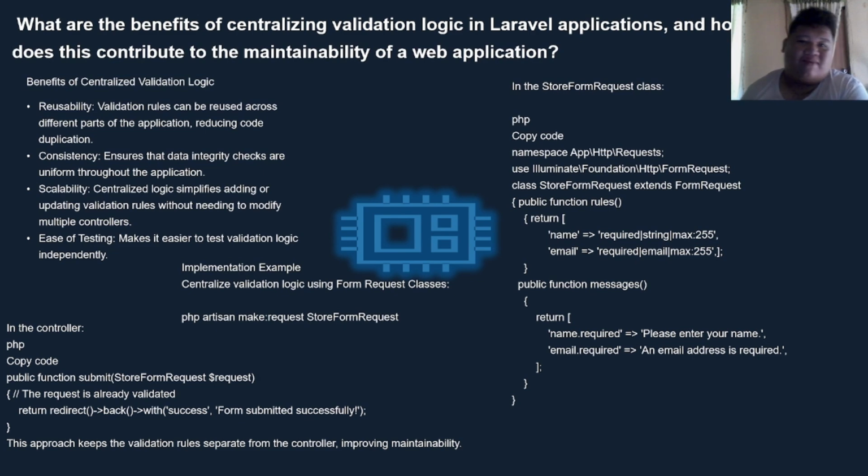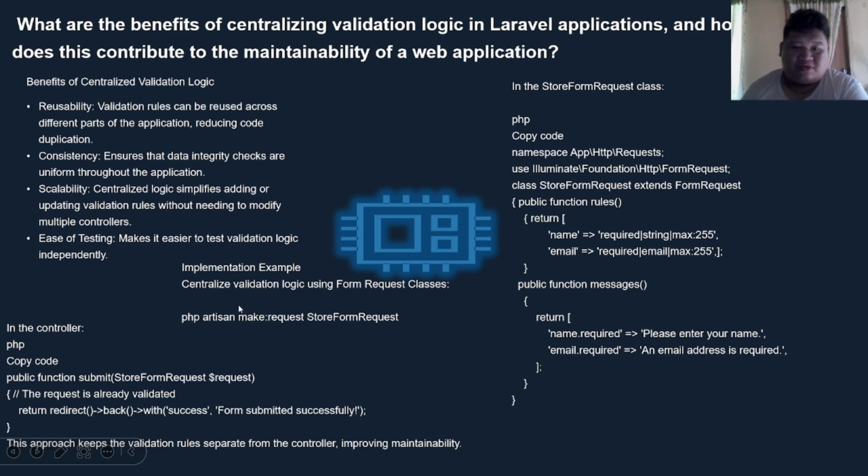In reusability, validation rules can be reused across different parts of the application, reducing code duplication. Consistency ensures that data integrity checks are uniform throughout the application. Scalability: centralized logic simplifies adding or updating validation rules without needing to modify multiple controllers. Ease of testing: it makes it easier to test validation logic independently.